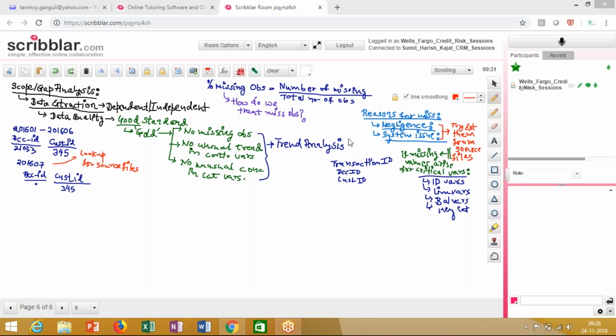Now the next set of missing observations can happen because of codings or because of the way a variable is defined.